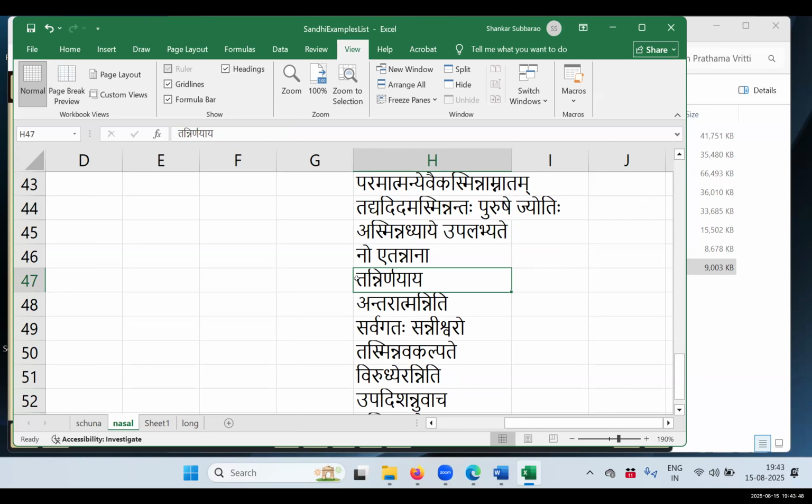Anybody? Tannirnayaya. Yes, Amyanshu. Tad nirnaya becomes tan. What's the rule? A yar followed by an anunasika will become what? Will take the corresponding fifth of the class. So tad becomes tan. Tan nirnaya. Antaratmanniti. What's happening there?